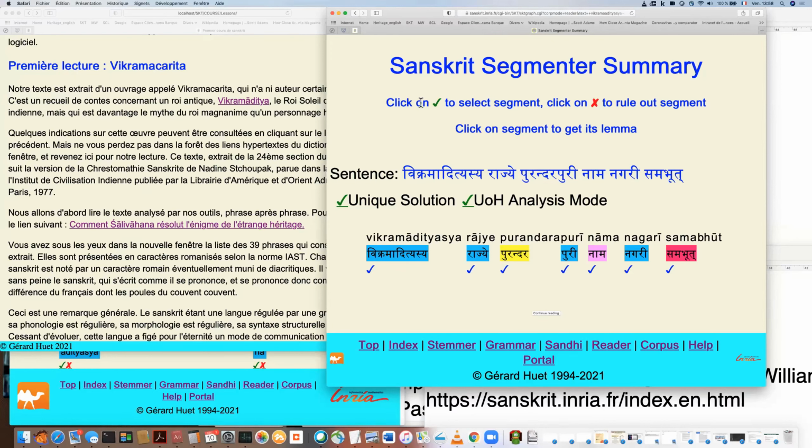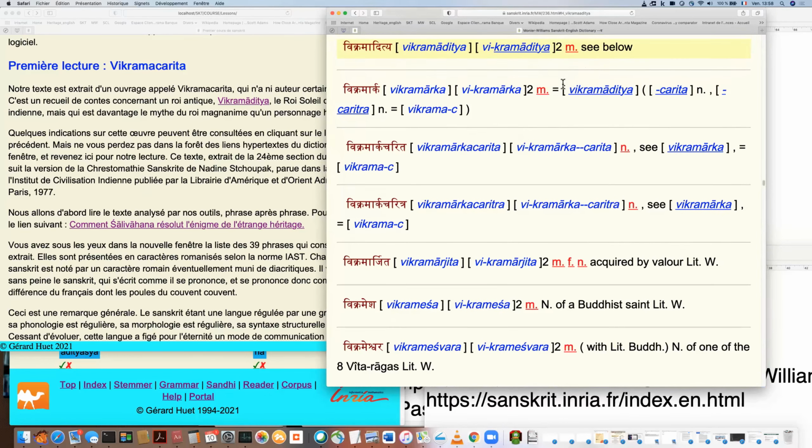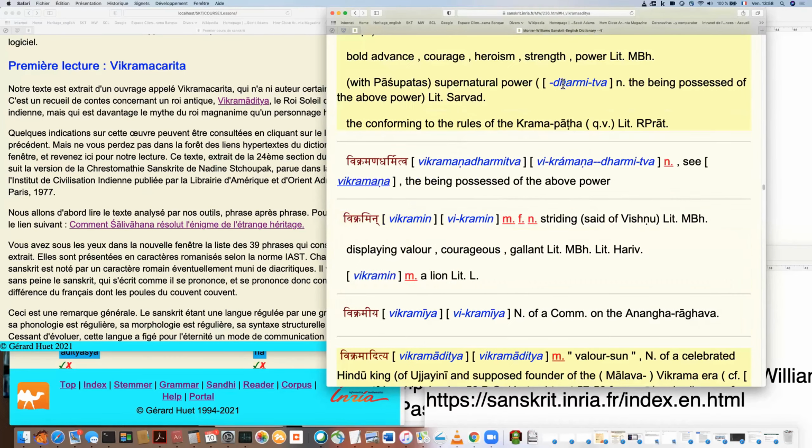So now let us try to understand. So this is the Shashti of Vikramaditya. Okay, Vikramaditya is the king. Here it's not very informative in Monier-Williams. It says see below. Here, Vikramaditya.